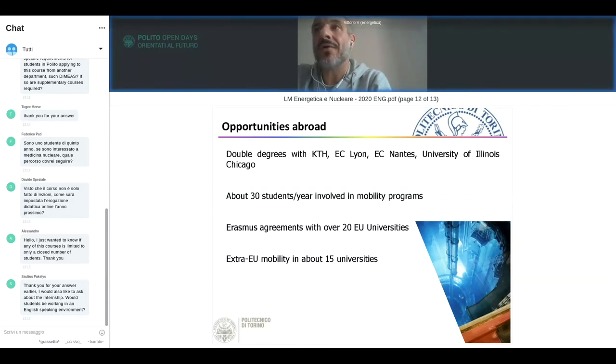So we are currently designing some laboratories in order to allow students to come and have their experience there.